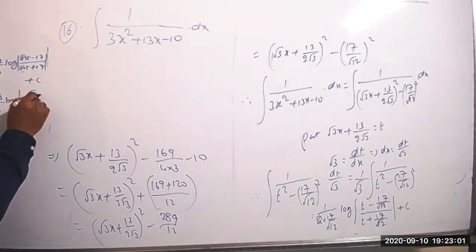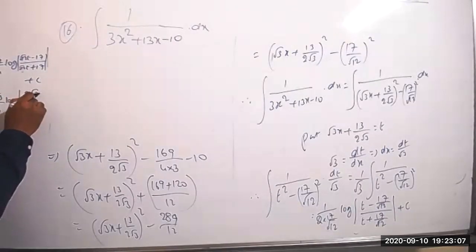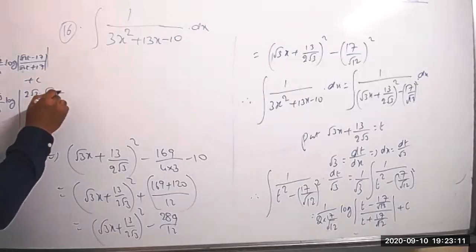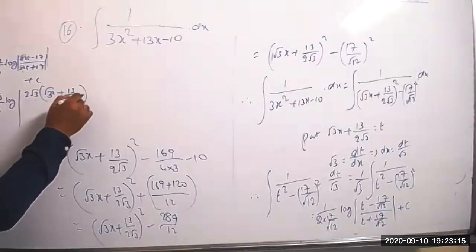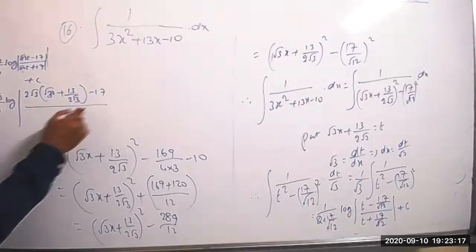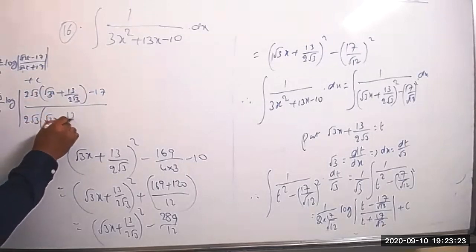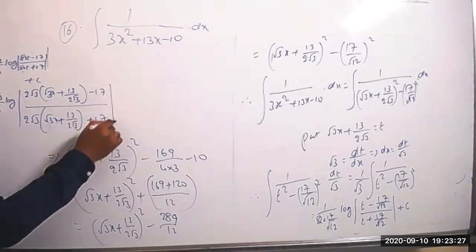So root 12 means it is 2 root 3 only. Okay, 2 into root 3 into root 3x plus 13 by 2 root 3 minus 12, whole by, here also 2 root 3 into root 3x plus 13 by 2 root 3 plus 17 plus c.